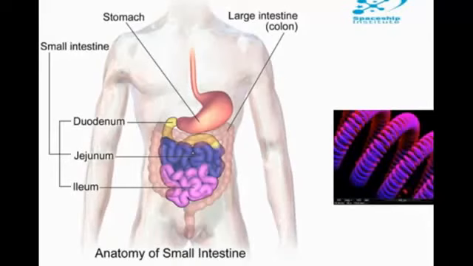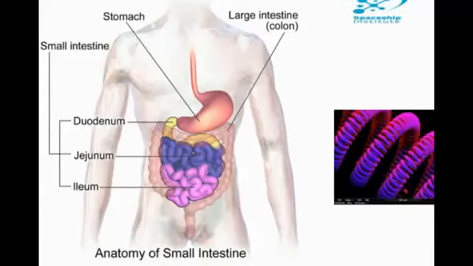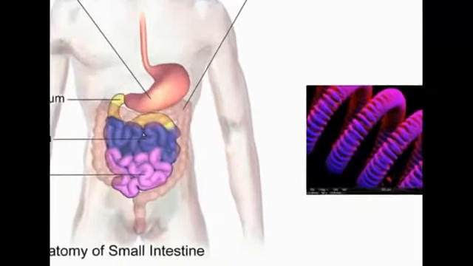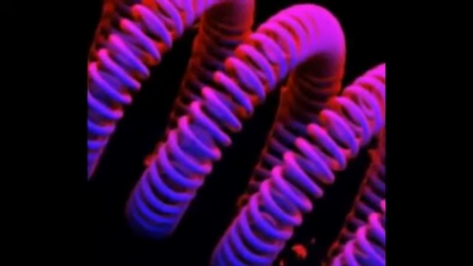And as you see, after the duodenum, the shape of our small intestines is so similar to the shape of a snake from the beginning to the end. In anatomical language, we separate different levels of the small intestines with different names because more or less they have different structure inside of the epithelium.